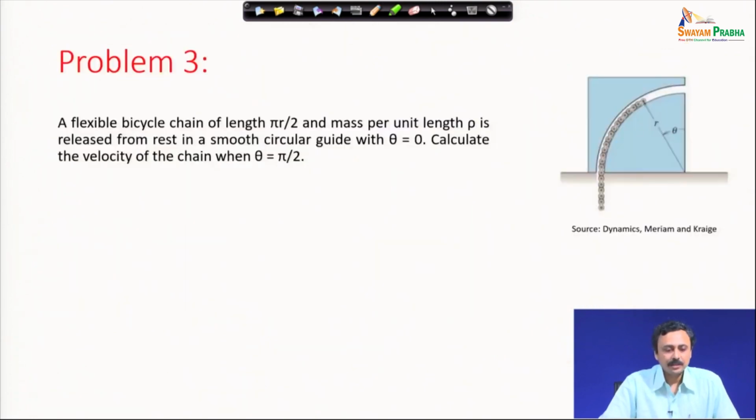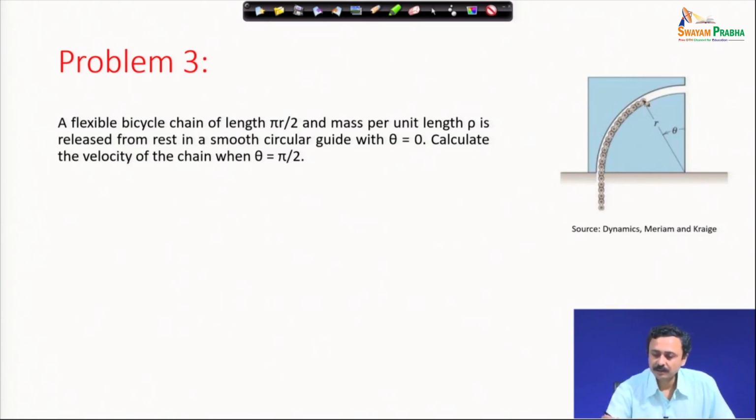Next, we look at this problem of a flexible chain like a bicycle chain. A flexible bicycle chain of length pi r by 2, so it is a quarter of this circle which has been shown, circular path, and mass per unit length rho, is released from rest in a smooth circular guide with theta equal to 0. You can note here how theta is defined.